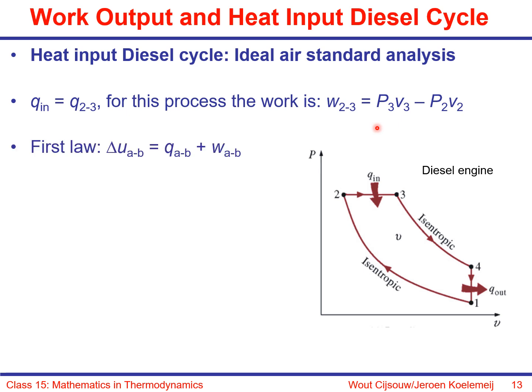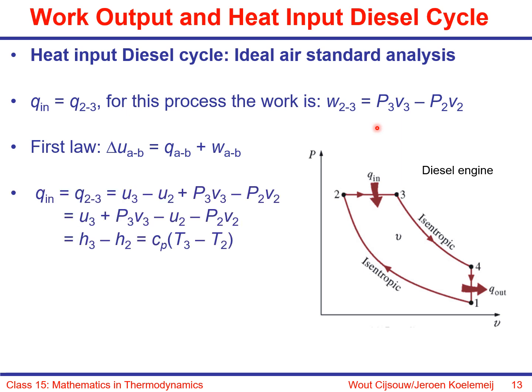Now, the first law for a closed system, remember we're modeling this as a closed system, says that the change in internal energy is the heat that's added or removed from the system and the work that's done. And well, we can write this out. We saw something similar on the previous slide.